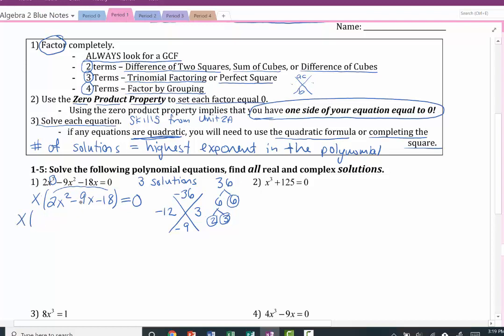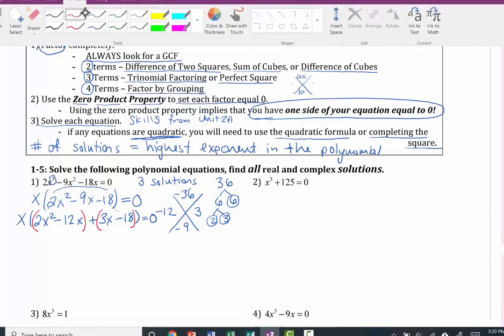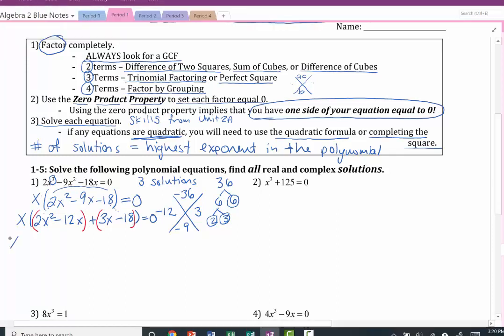So I'm going to go ahead and split that middle term into these two factors, negative 12 and 3. I keep the 2x squared the same. I keep the negative 18 the same. All of it's equal to 0. Then I will group the first two, group the last two, take the GCF out from each group.